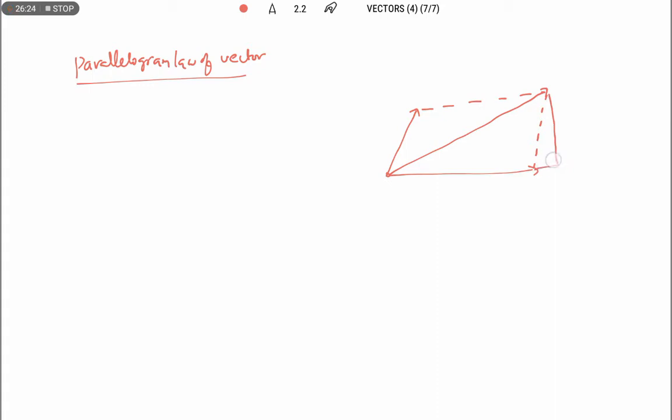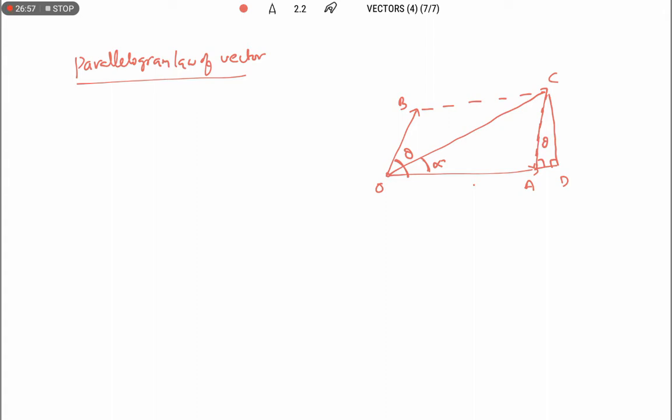By closing this, we get the parallelogram O A C, and let us take this is D. The angle between the two vectors is theta, and the direction of the resultant vector is alpha. Here this is A, this is B, that's why this angle is also theta.